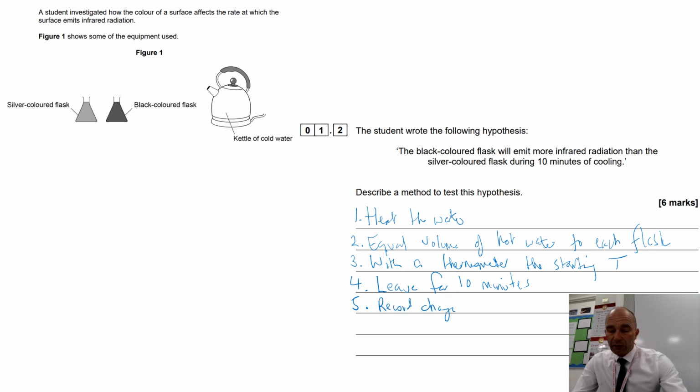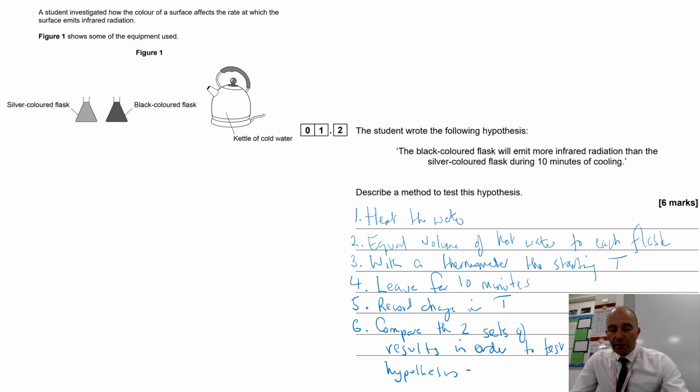So we record the change in temperature, and then all we need to do is compare the two sets of results in order to test the hypothesis. Now, to be fair, this isn't the most complicated method, but just make sure you got all those points down.